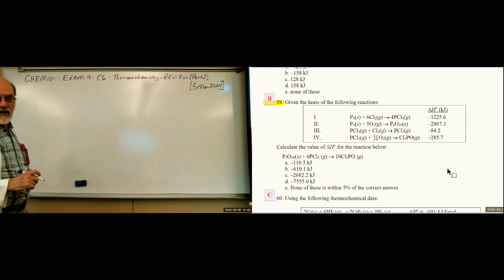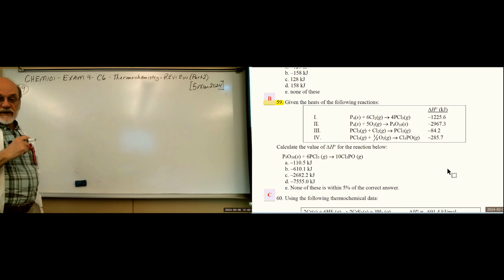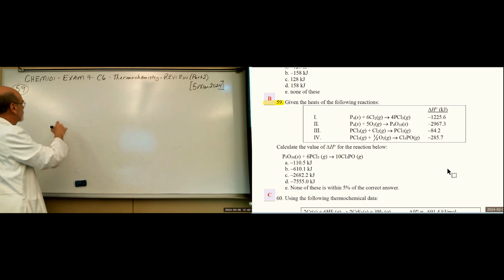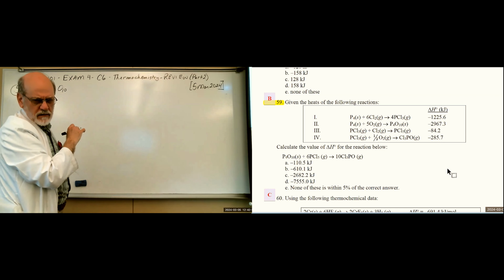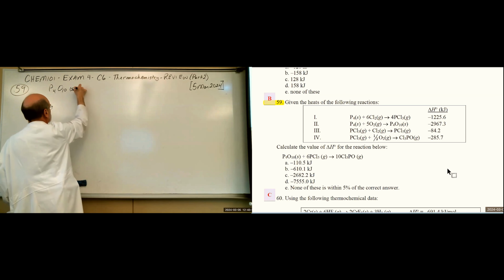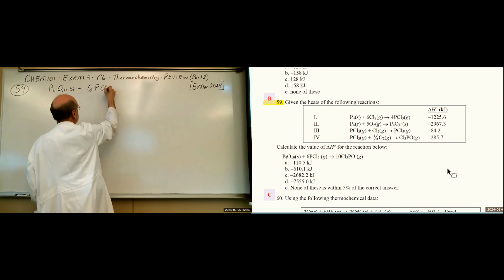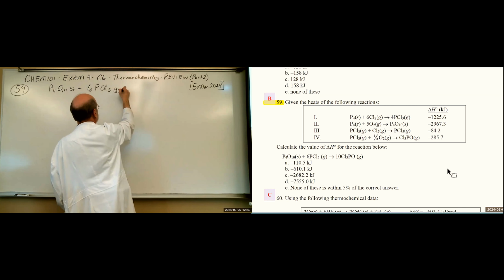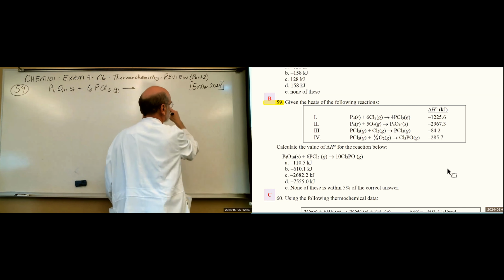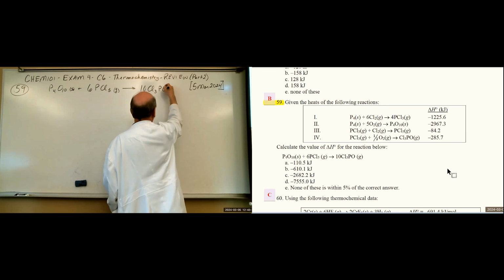Okay, we're going to use Hess's law. I better put this way over here out of the way. And our target equation, I'm going to put it at the top: P4O10, solid, plus 6 PCl5, and that's a gas, yields 10 Cl3PO.